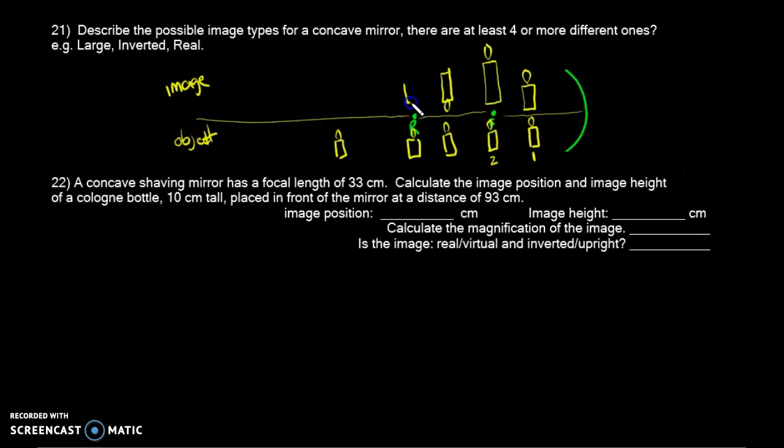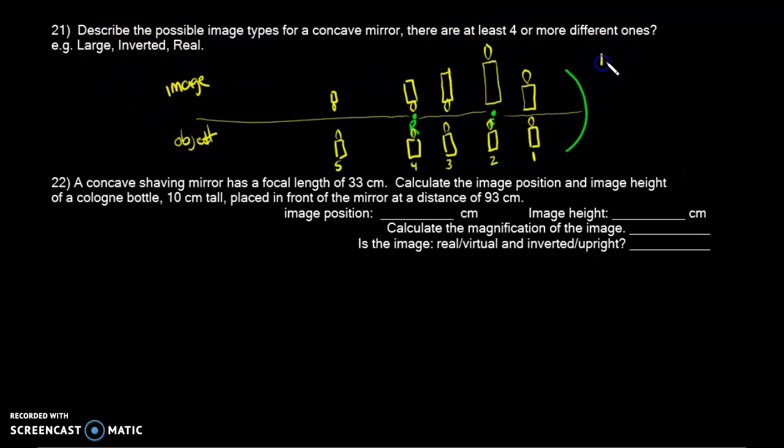And by the time we get to the radius of curvature, our candles are the same size. It's just that this one's upside down. And then as we get past this point, our candle is still upside down, but it appears smaller. So we have point 1, 2, 3, 4, and 5. As you said, at least 4. Large, inverted, and real.